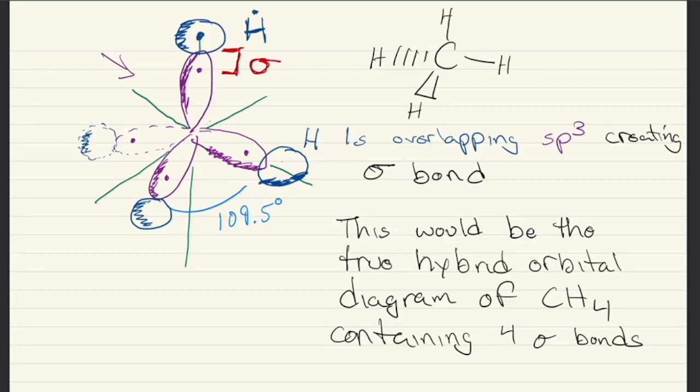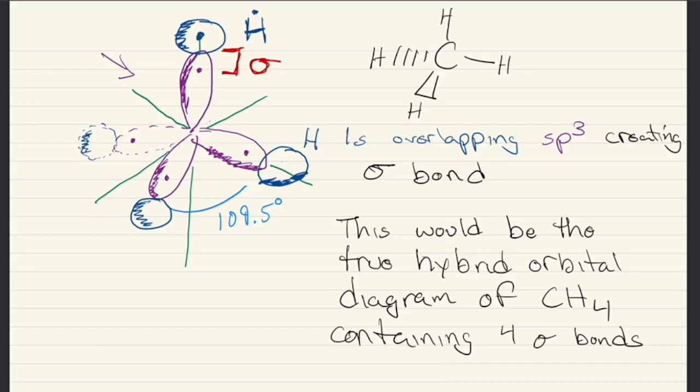That is a head-on overlap of the electron densities of both hydrogen and carbon to create an electron domain, which we have shown as a single bond. So this would be 4 sigma bonds to create methane using sp3 hybridization.